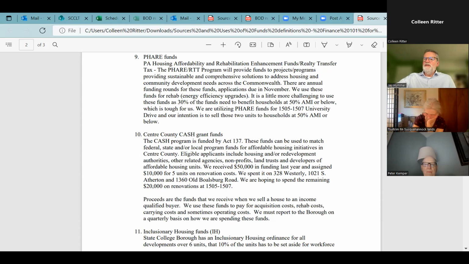Do we need to tell them what to do with it before they'll give it to us, or is it restricted-use money that we can apply where we feel like it and then tell them where we spent it? Yes, we can. Okay. We're using the FAIR funds for the University Drive duplex. I think we're using every funding source for University Drive. Yes, the duplex, and then some.